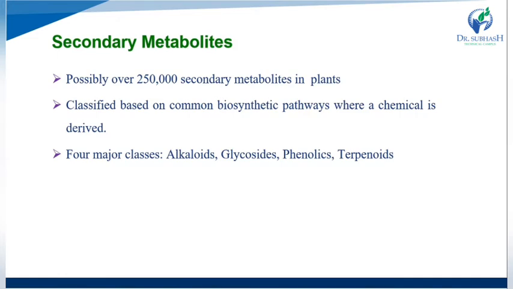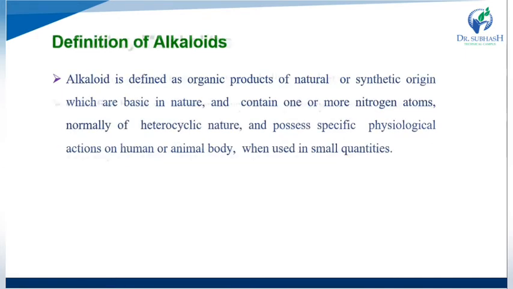The major classes are alkaloids, glycosides, phenols and terpenoids. These all are secondary metabolites. Today we will study the first major class, that is alkaloids.